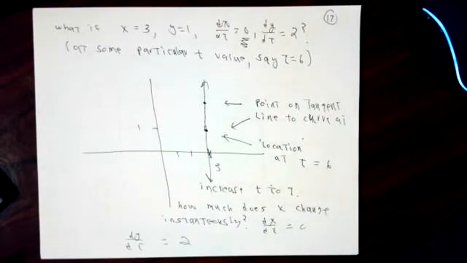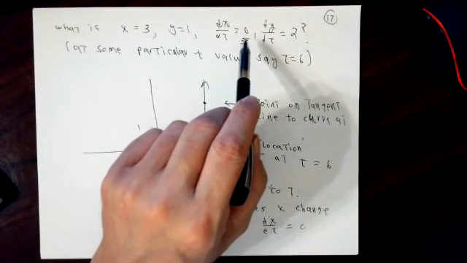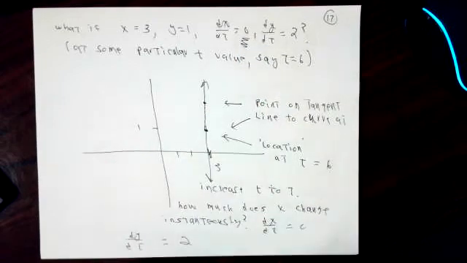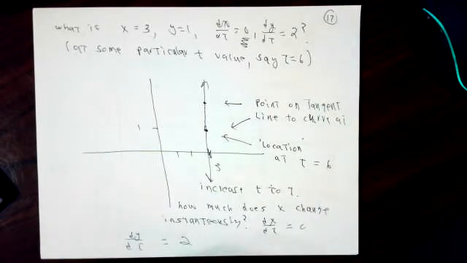What does that mean? If I increase t from 6 to 7, the x changes by 0 times the amount I changed the t. The x doesn't change at all. The y is going to change by 2 times how much I changed the t.